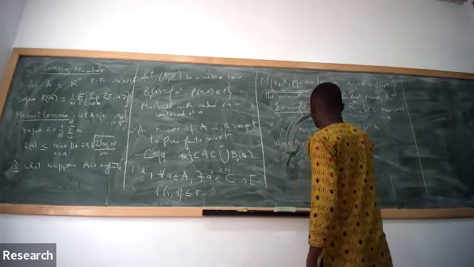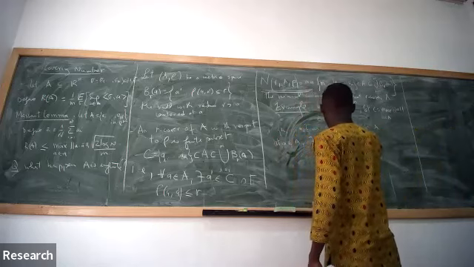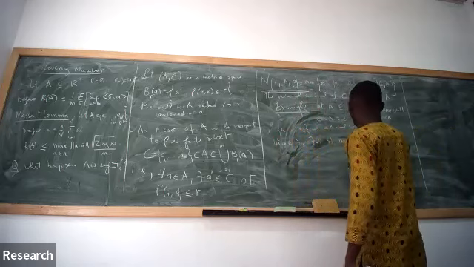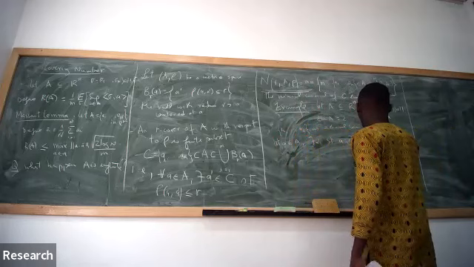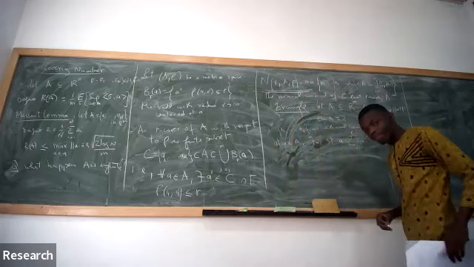There exist some alpha I such that A can be written as the sum of VI alpha I, for I from 1 up to D.